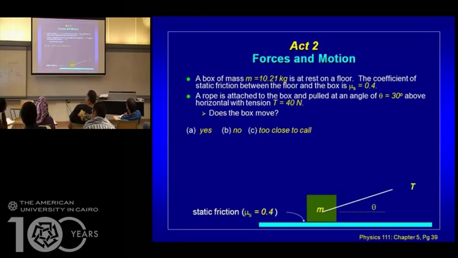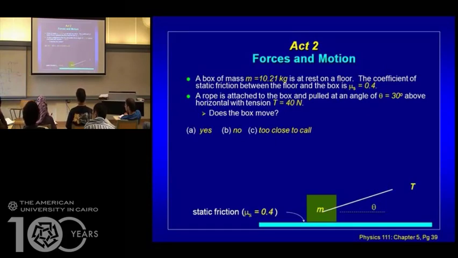Now, T cosine theta, that's 40 cosine 30 minus mu times N. Don't we use mu s here?